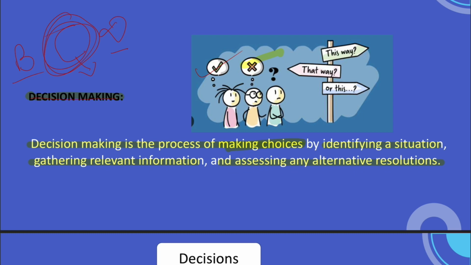So I must reiterate that we take decisions based on the situation. When we are unable to decide, we gather relevant information. And sometimes we have more than one option available and decide which one suits best. So decision making is all about making choices.